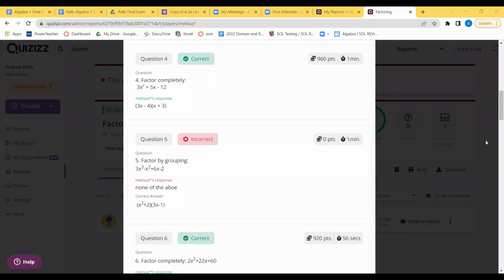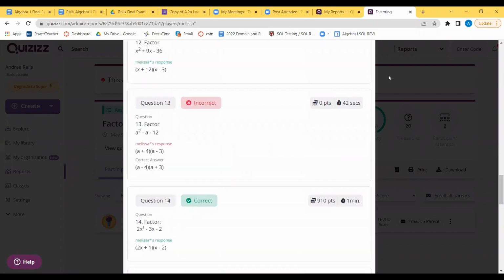Let's take a look at the next one that you got incorrect. You were very close with this one. The only thing is you have to keep in mind that the middle term was a negative a, which means it had a negative 1a. So the two factors you have, 4 plus a negative 3, would give you a positive 1, so that would not work. But a negative 4 plus a 3 will give you that negative 1.